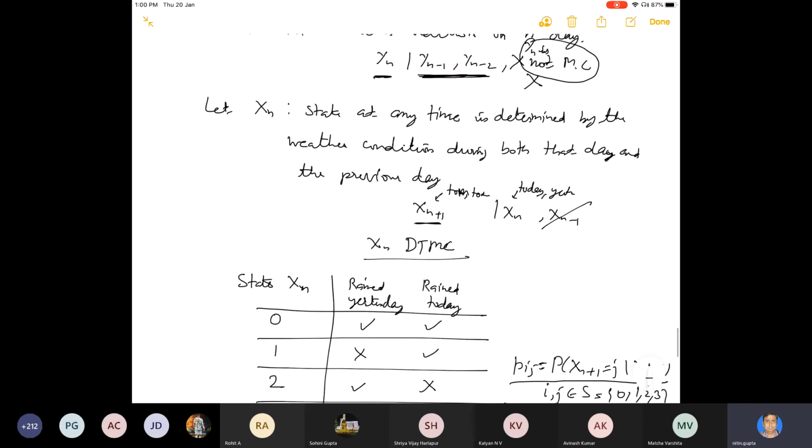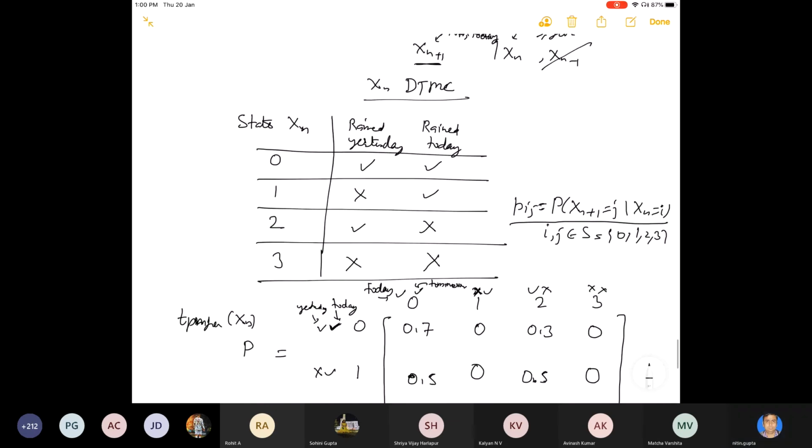But if we make the state at a time determined by the weather condition during both that day and the previous day, then Xn plus 1 will be tomorrow and today, and Xn is today and yesterday. What are the states?